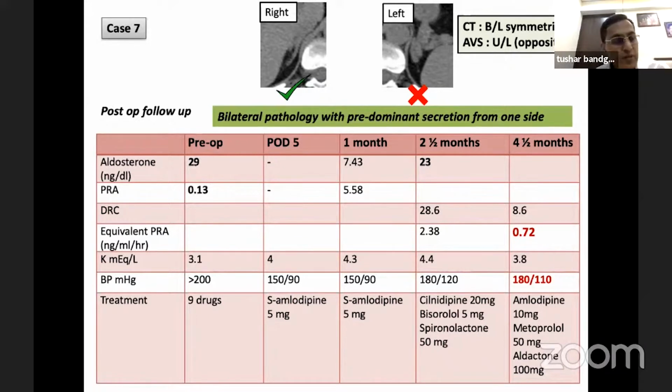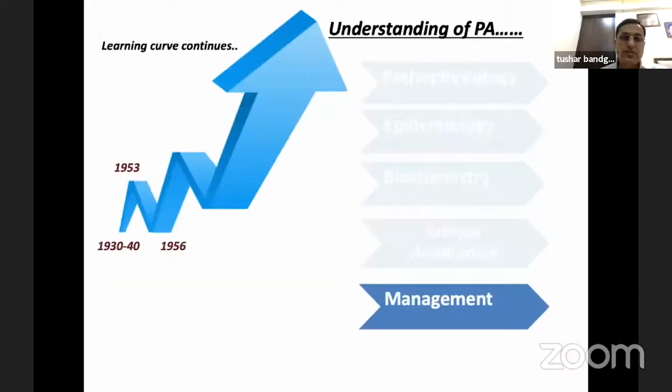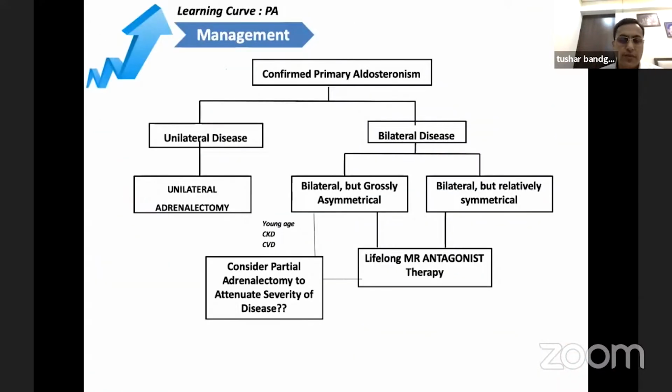But a dent in the aldosteronism has been made because of surgery, and the dosage of medicines has come down from 9 to 3, she needs fewer drugs, and the quality of life is better. That's why people are thinking of using surgery in bilateral lesions, which is a message that can be taken from there.